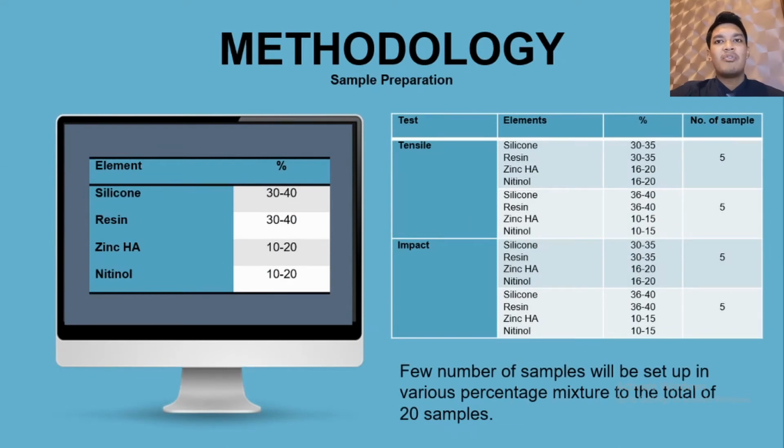The mixture of each element is described. Silicon and resin are used at 30 to 40%, while zinc HA and nitinol are 10 to 20%, forming a cranium mixture sample. Samples shall vary in their mixture ratio, as shown in the table on the right side, in order to achieve the most similar result as the real skull.